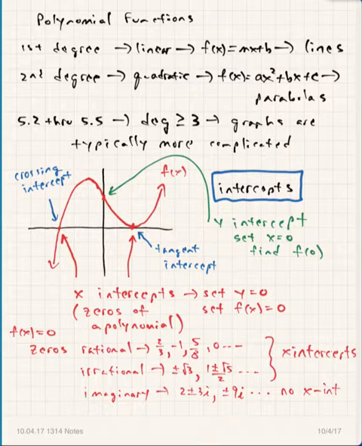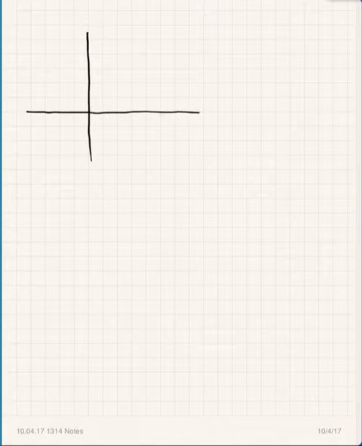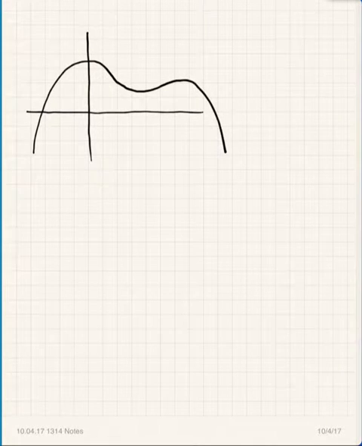The next thing I want to talk about, things that we need to be worried about with polynomial functions, is something we call the turning points of the graph. So let's say we have a graph that looks like this one right here.